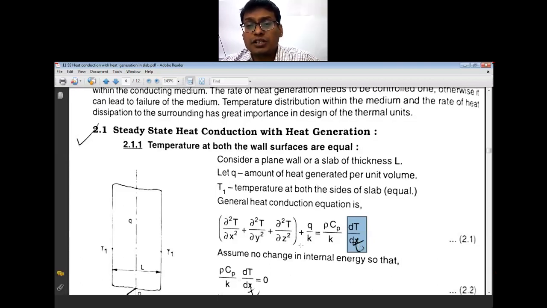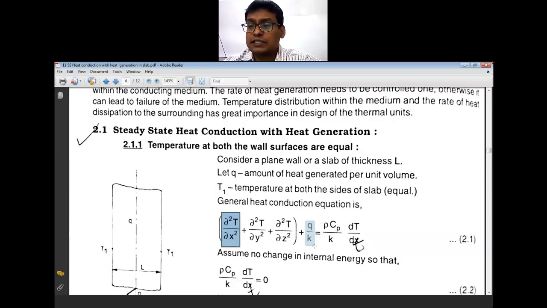So by simplification, in the x direction only, the y and z terms will be 0 because we are considering only the x direction. Also the unsteady state term will be 0. So the remaining two terms are d2T upon dx square plus q upon k.